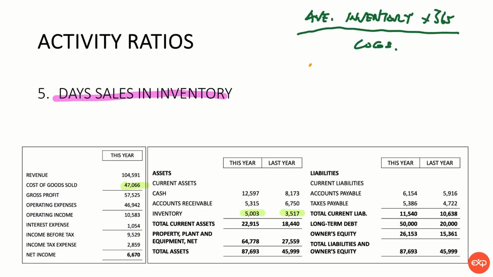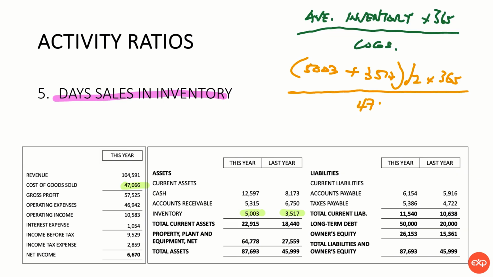We have 5003 plus 3517 divided by 2 times 365 over 47066. So the calculation yields 33 days. So that means it takes the company 33 days to sell its entire inventory for a specific period in time.